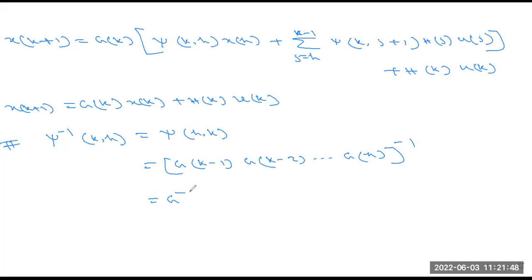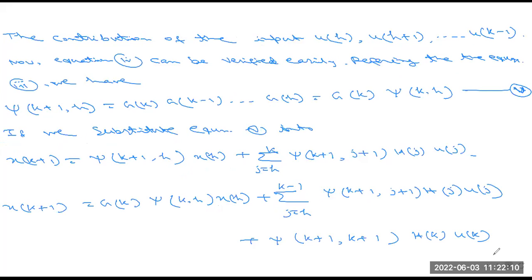Another we have to express: G inverse of h, G inverse of h plus 1, and so on up to G inverse of k minus 1. So this is another equation, I think equation number 6.